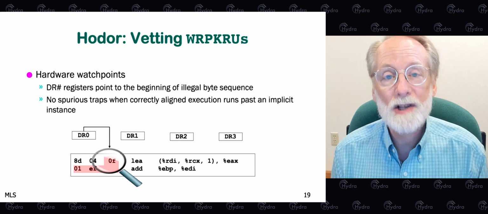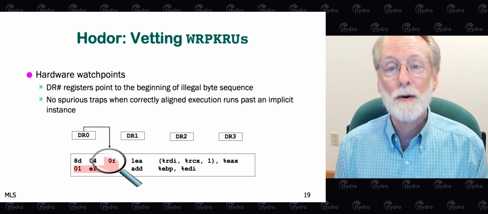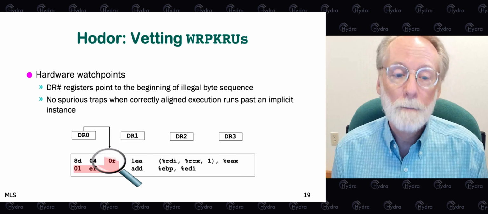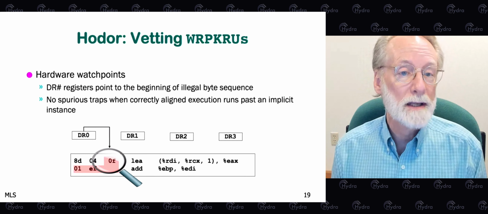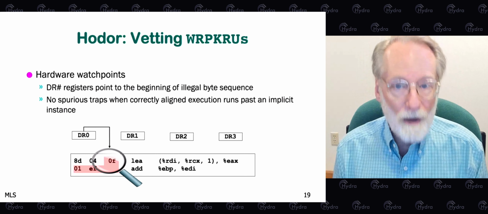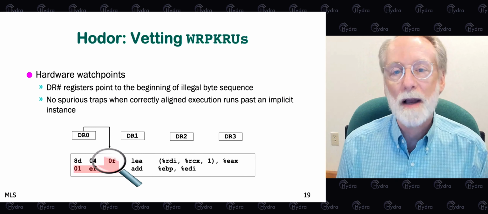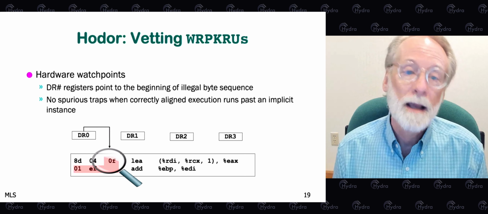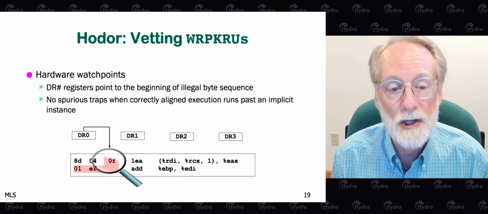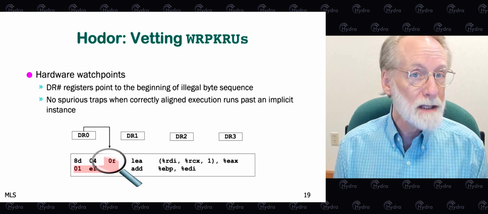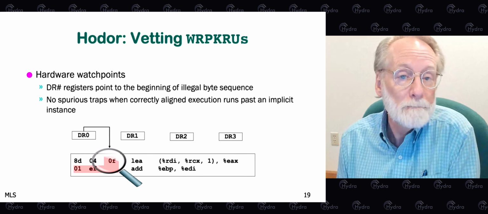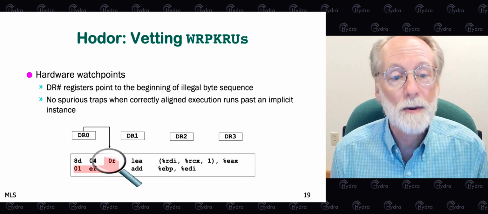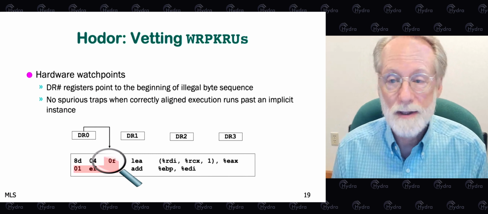That way, if we actually execute a WRPKRU instruction that's not in a trampoline, it will have a breakpoint on it, and we'll trap into the operating system, and the modified OS can look at the application and say, oh, you just executed this instruction outside of a trampoline. That's not allowed, and we'll terminate the application. On the other hand, if it's misaligned, we will never hit it, because execution will never drop onto a misaligned sequence, and so the breakpoint will have no performance impact whatsoever.